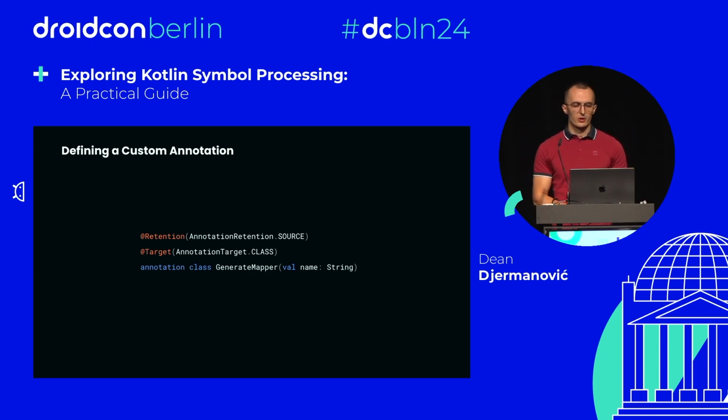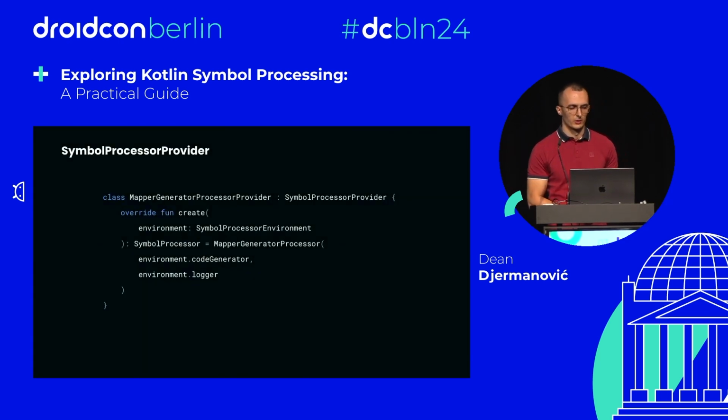We're also using the Retention meta annotation here and specifying SOURCE as the annotation retention. This indicates that this annotation is only needed at the source level and not at runtime or in the binary outputs. And we're also using the Target meta annotation here and specifying CLASS as the annotation target. This means that this annotation can only be applied to class declarations.